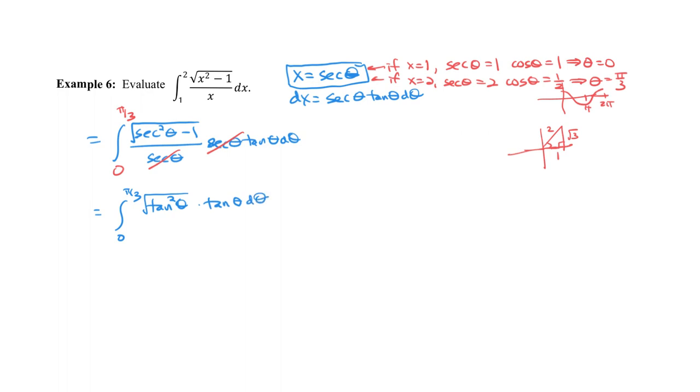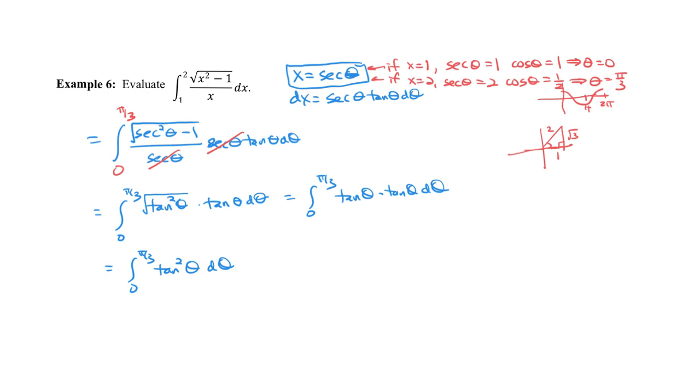Of course, tangent squared theta under the radical is just tangent theta. So really what we've got here is 0 to pi over 3 of tangent theta times tangent theta d theta. So this is going to give us the integral from 0 to pi over 3 of tangent squared theta d theta.